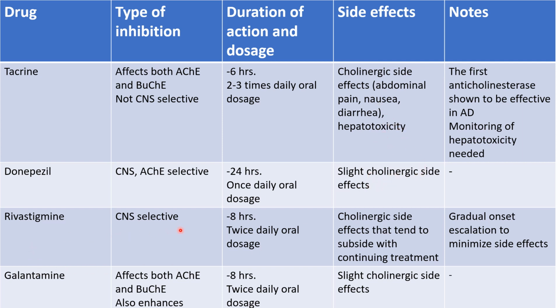Rivastigmine, it is also CNS selective, but it has to be given twice daily, and its cholinergic side effects subside with continuing treatment. Galantamine, like tacrine, it also affects both acetylcholinesterase and butyrylcholinesterase enzymes. It has to be given twice daily, and it also has minimal cholinergic side effects.